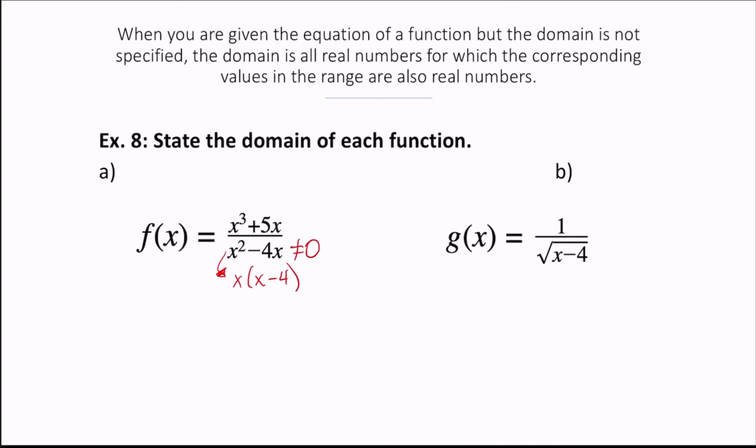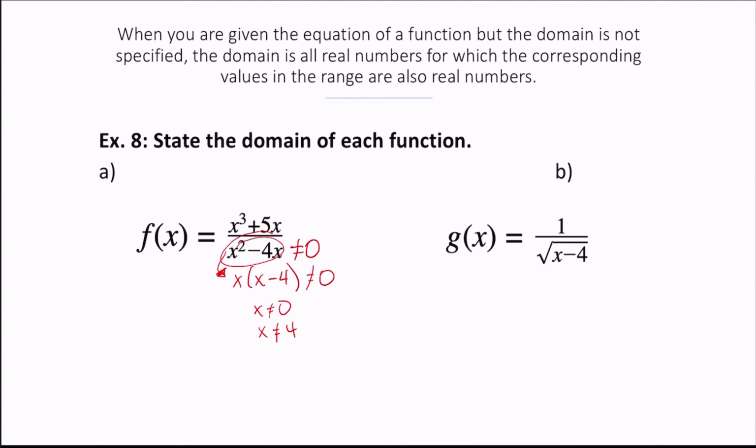So if we were to set this equal to 0, this denominator is going to equal 0 when either x equals 0 or when x equals 4. So our domain is everywhere except 0 and 4.